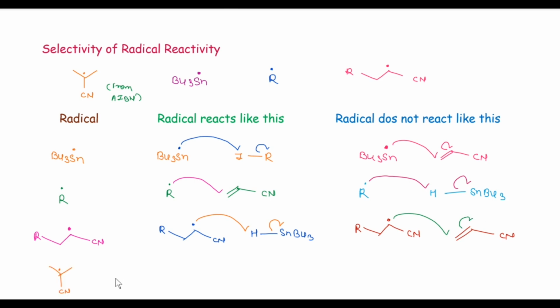Next radical is nitrile radical. So the nitrile radical reacts like that, that is, it abstracts hydrogen radical from TBTH, but it does not react with this given alkene.